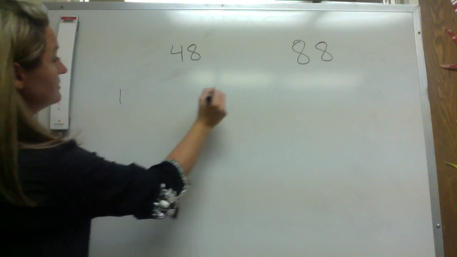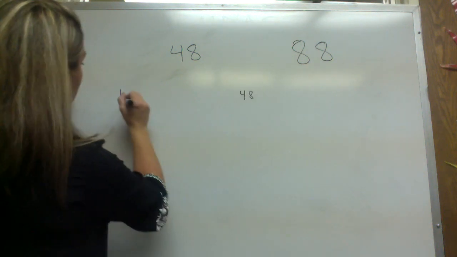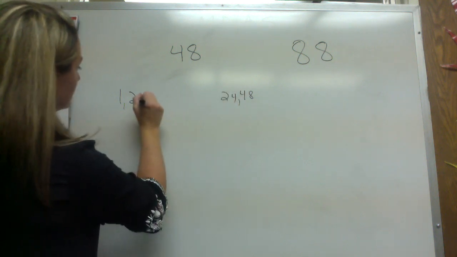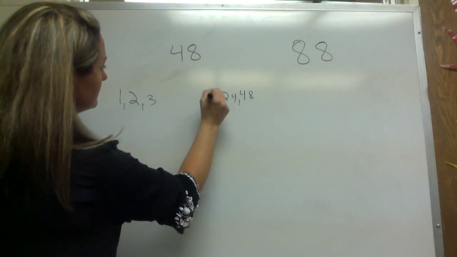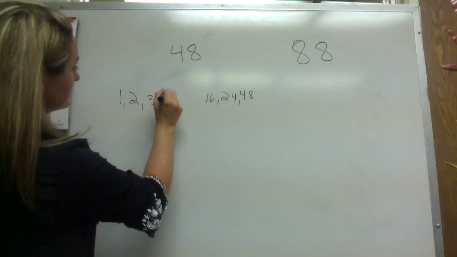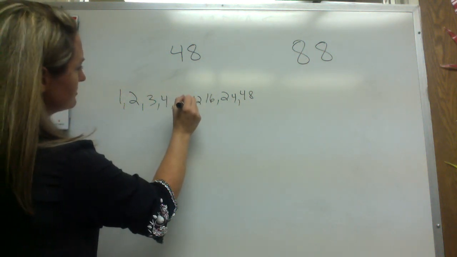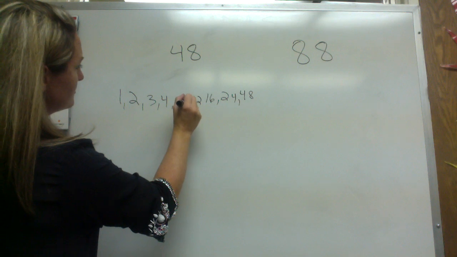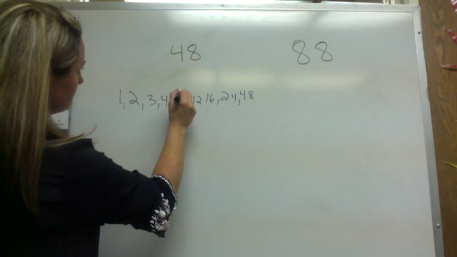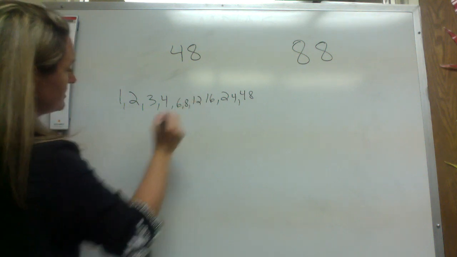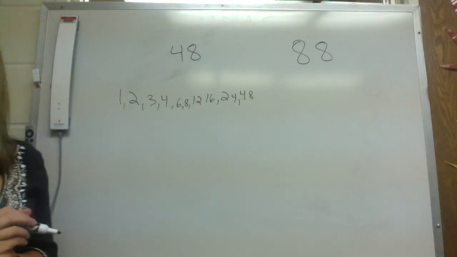So we had 1, 48, 2, 24, 3, 16, 4, and 12. And then 5, no, and then 6, yeah, 6 times 8, so 6 and 8. All right, so 48 has a lot of factors.